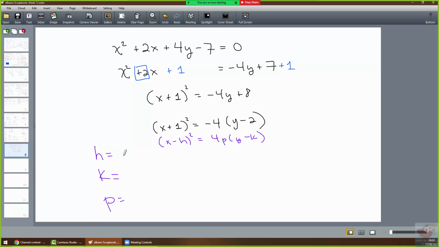Negative 1. Very good. What is our k? 2. Good.